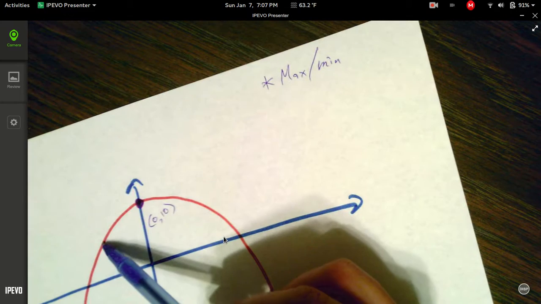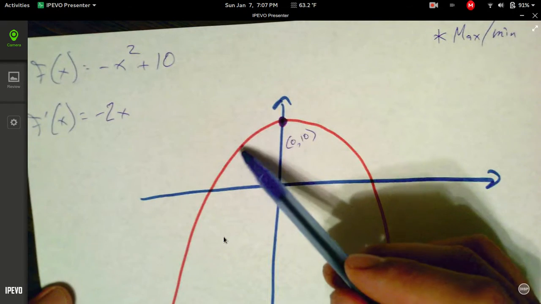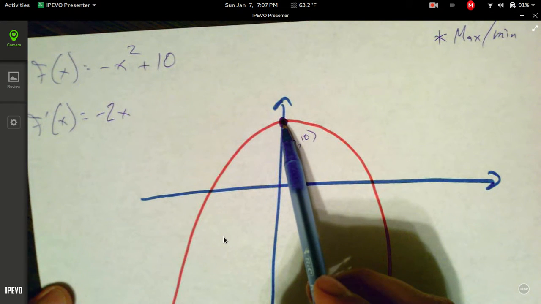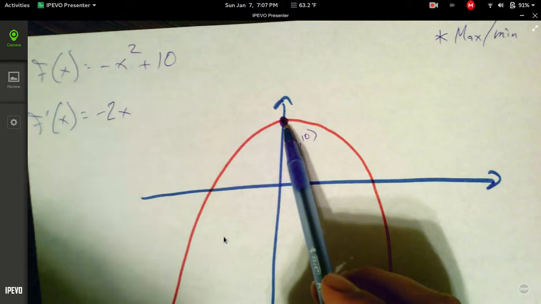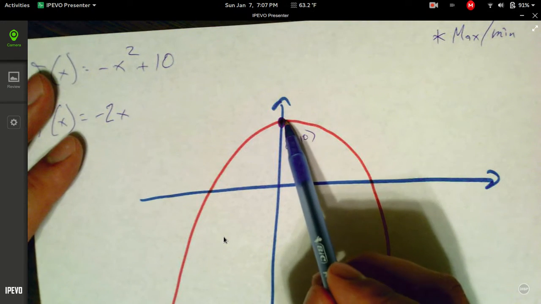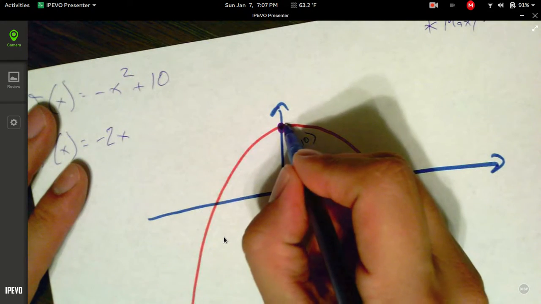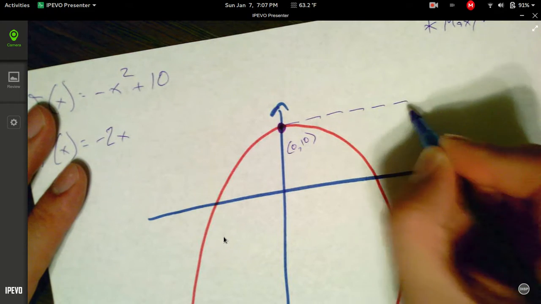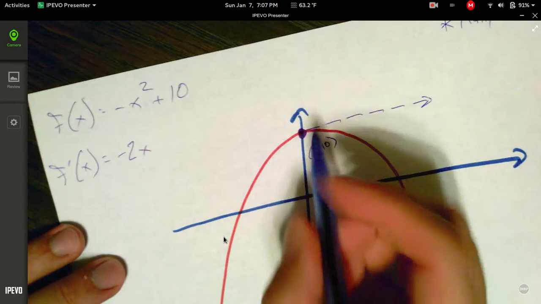So if we're traveling up our function, traveling up the function, and now we have instantaneous rate of change. If everything stayed the same, it's like if I'm spinning that string like I did in class and then I let go of it, which direction does it go? I would generate a line going this way. So I end up generating a horizontal line at a maximum.